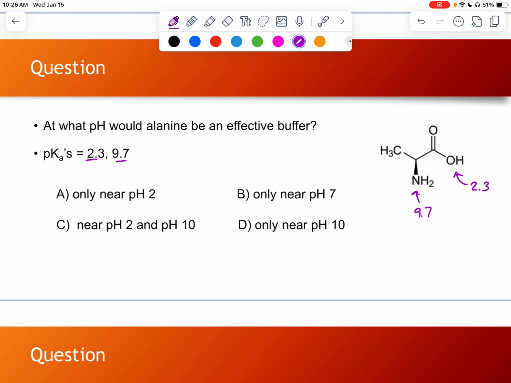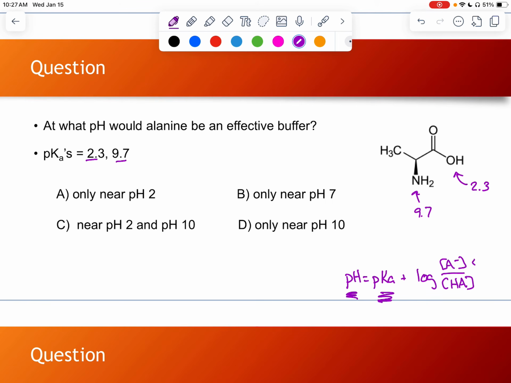Remember, for a buffer, you have to have a significant amount or decent ratio of both the acid and its conjugate base. pH equals pKa plus log A minus over HA. So we have to be relatively close, usually within about a pH unit of the pKa for this to work.